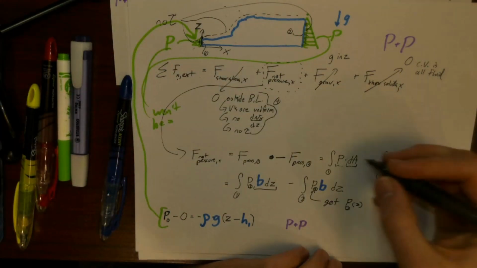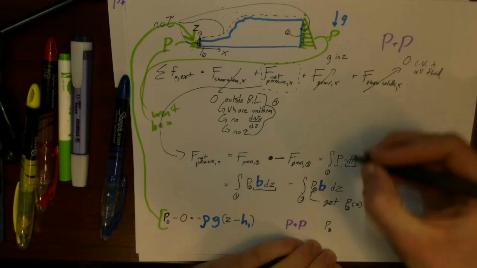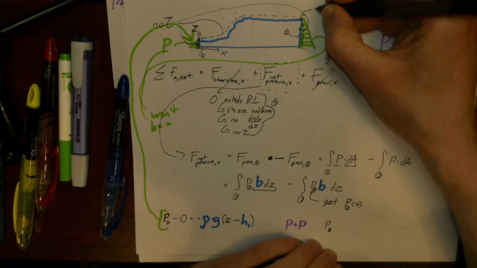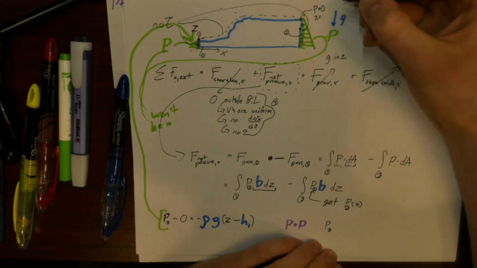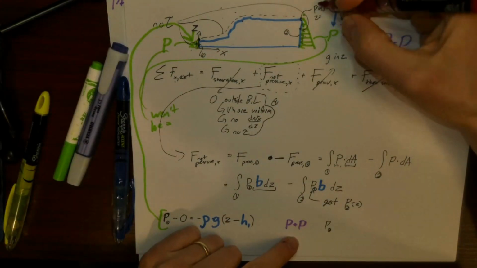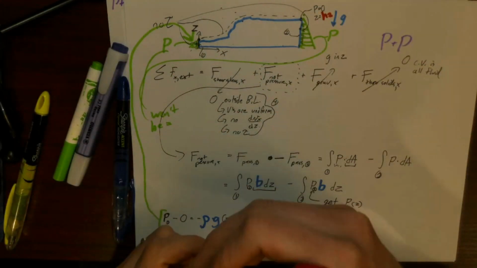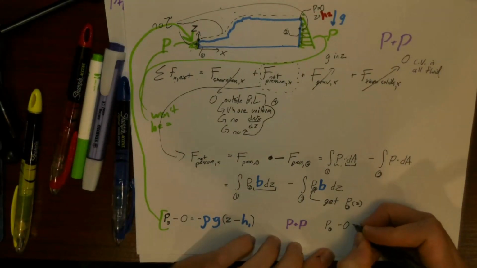All right, well, if we choose some arbitrary point right here, we get pressure here, and we choose our reference point right here, basically pressure equals 0 here, and z is equal to H2 right there. We end up with this pressure distribution right here.